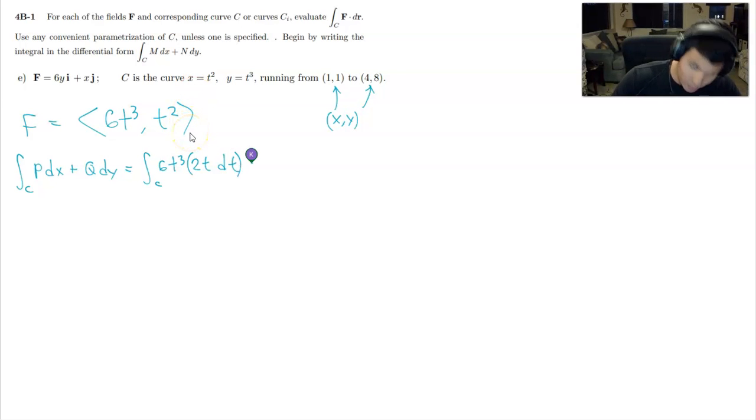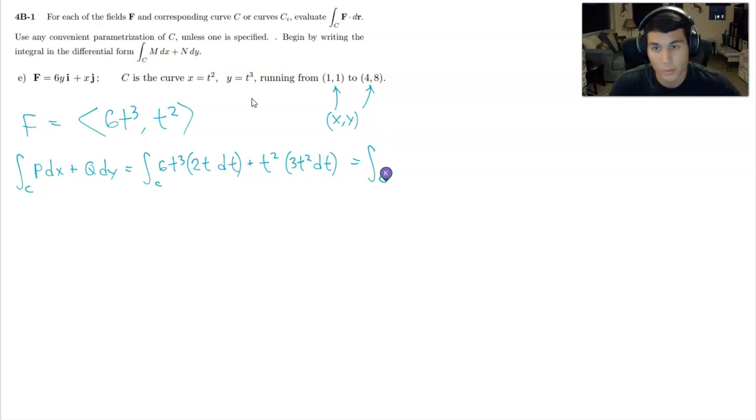And then we have Q, which is t squared, and dy is going to be 3t squared dt.